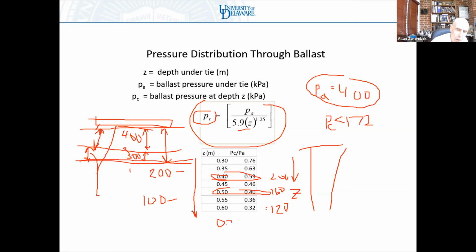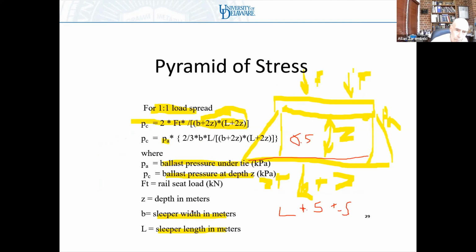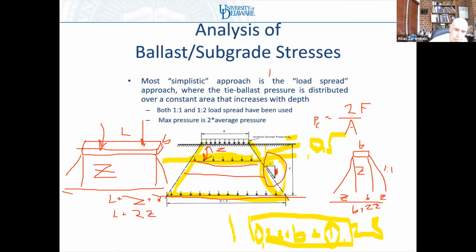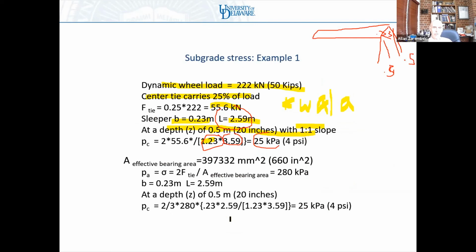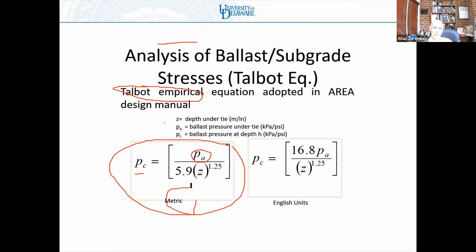So does everybody understand how you would use an equation like this? So again, if you know P sub A, you can calculate the stress at any length and any zone Z using either the load spreader formula, or I happen to like the Talbot equation because it's pretty simple to use and pretty effective in analysis.